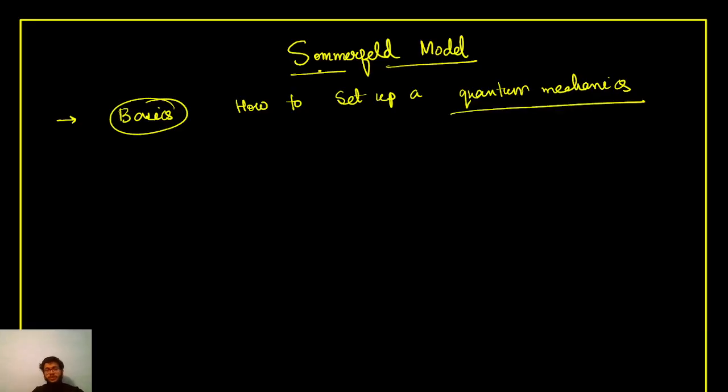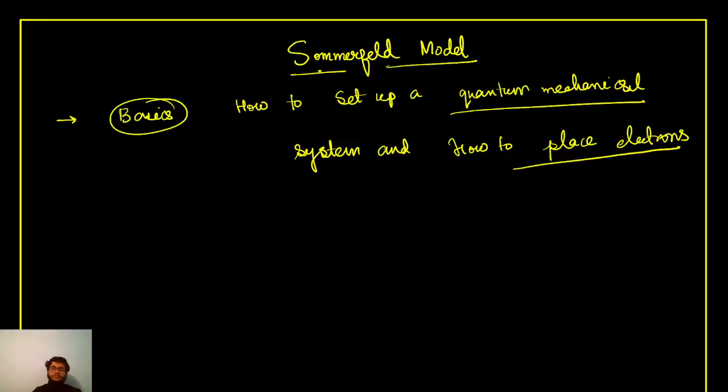So how to set up a quantum mechanical system, and how to place electrons in it. How do quantum mechanical systems work? That is what we are going to learn, more or less, in this class.